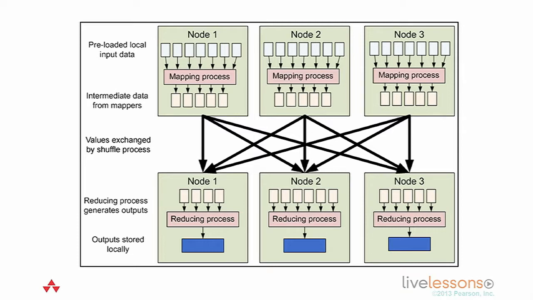So there's a shuffling process, again, figured out behind the scenes, that figures out what keys are going to be sorted on what node. And of course, in node 1, the most advantageous situation is where keys produced by the mapping process on node 1 are used by the reducing process on node 1. That would be a huge benefit in terms of less data transfer.